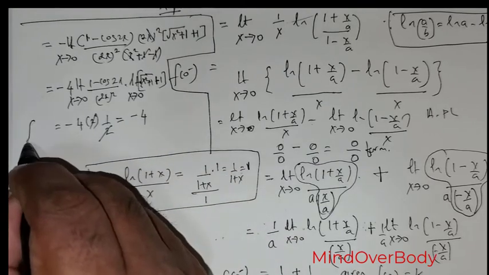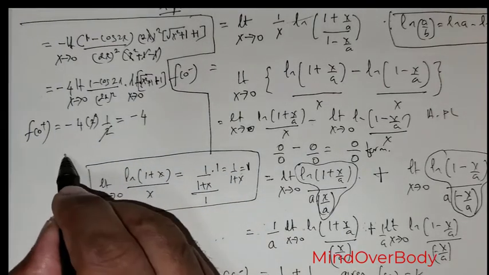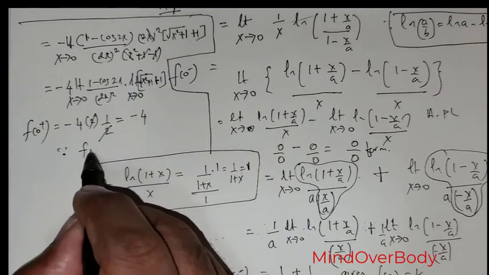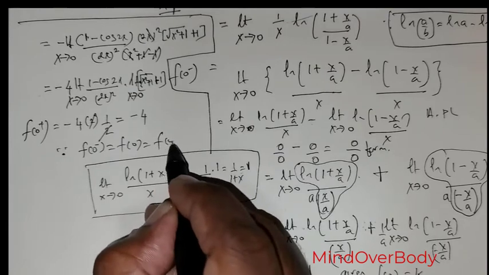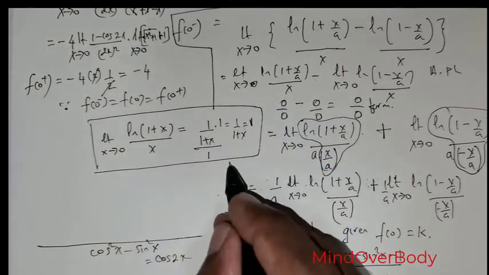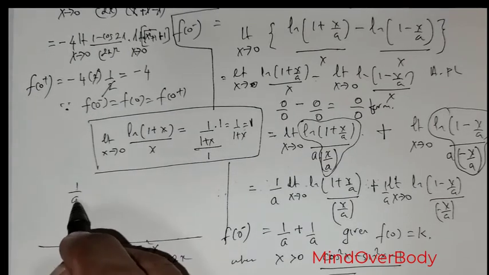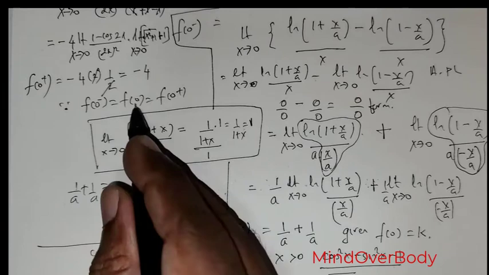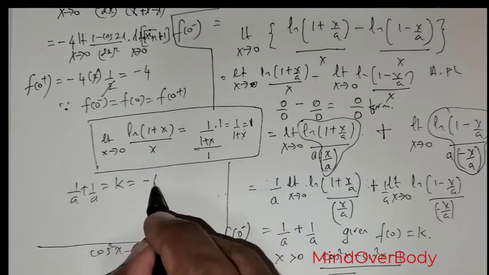So what is all this? This is nothing but f of 0 plus. But given that f of 0 minus is equal to f of 0 is equal to f of 0 plus, I'm going to rewrite that: f of 0 minus, we had it as 1 over a plus 1 over a, f of 0 is k, f of 0 plus is negative 4.